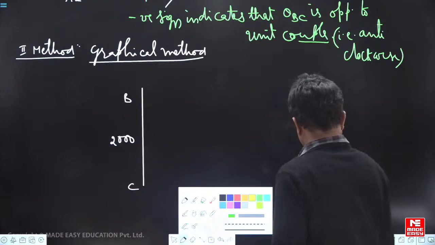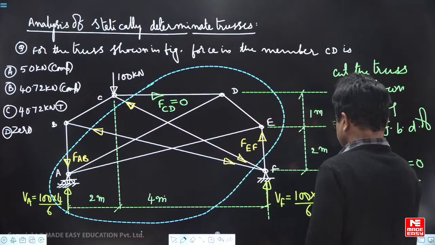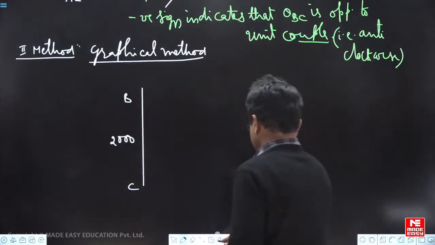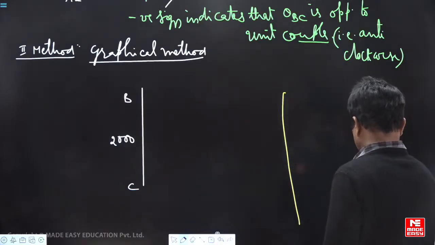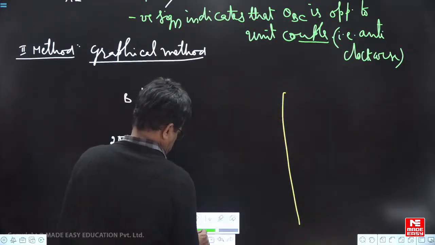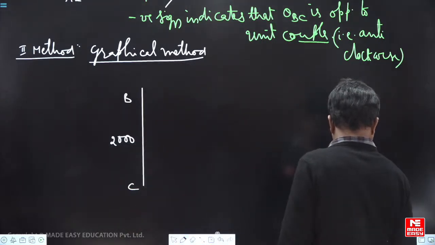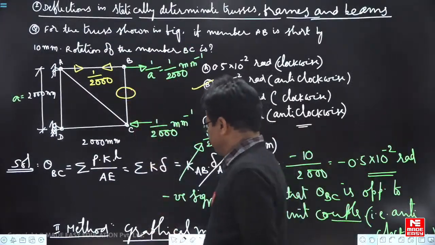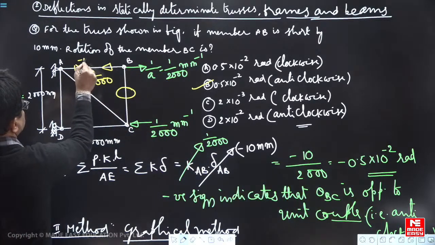B moves to, so B, see this one, AB short by 10 mm, that means I can say minus 10 mm.